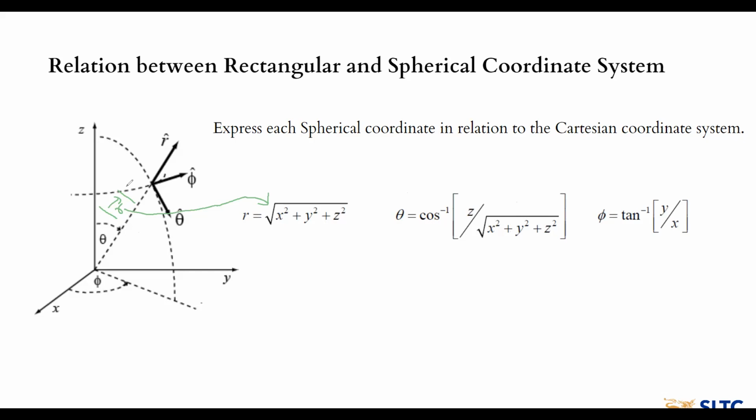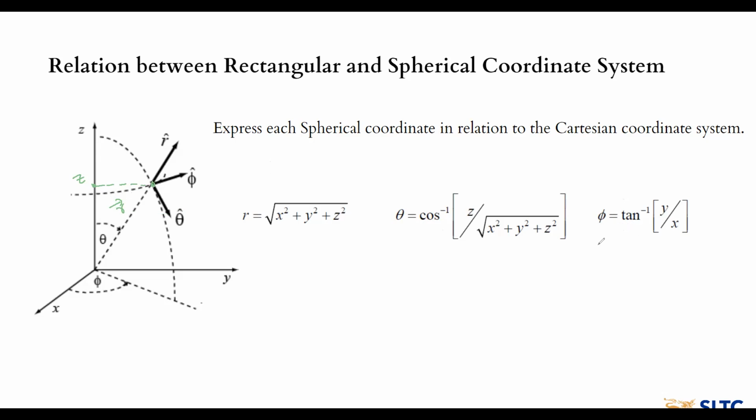Since cos θ will give the z value, which is given once we take the projection of the considered point on the z axis. Once we take the projection of this r vector onto the z axis, we will be left with the z value, and the angle will be given by z over r, which is equal to cos θ.